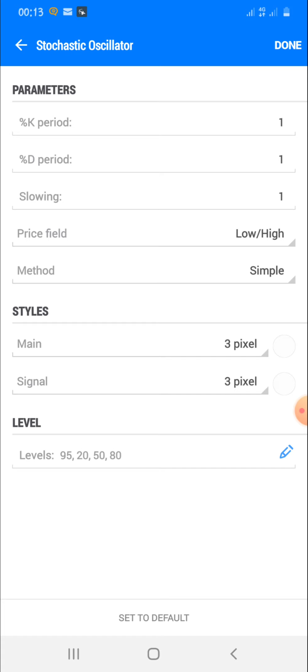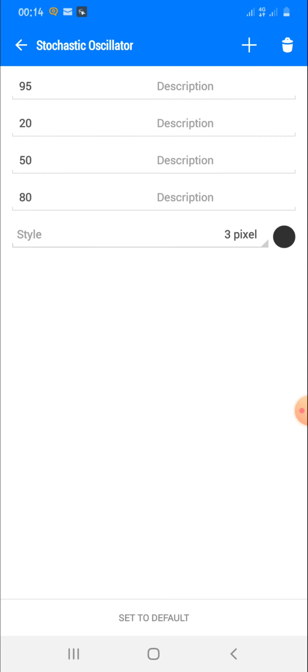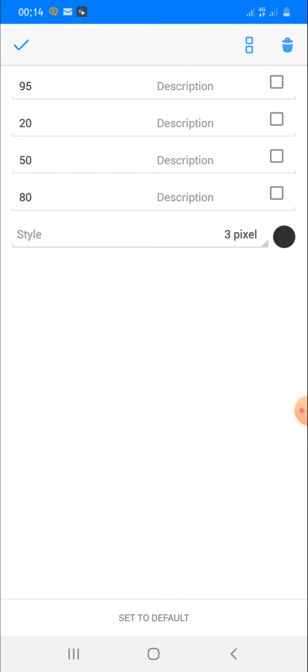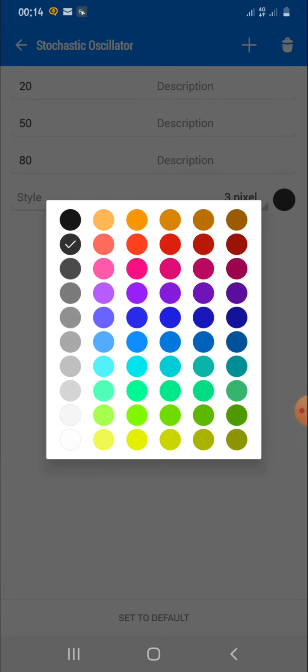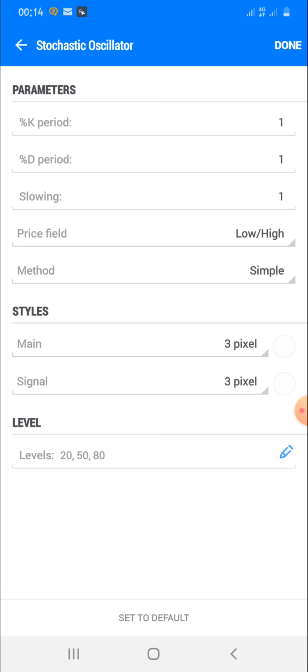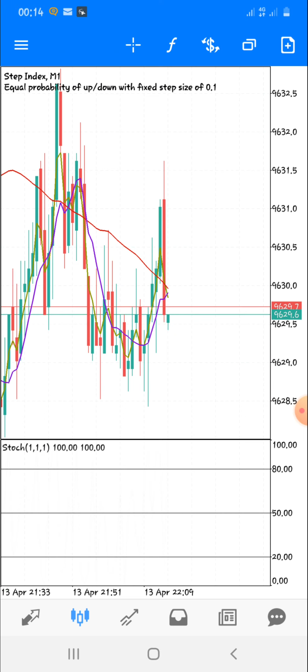The method, let's make it simple. Then what we're going to do, we need to change the levels to 20, 80, 50, and let's remove the 95% one. Let's make the color gray. I think we are done. Let's click done. Yes, that's it.